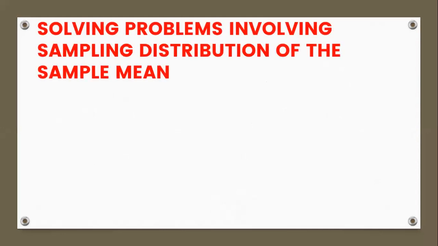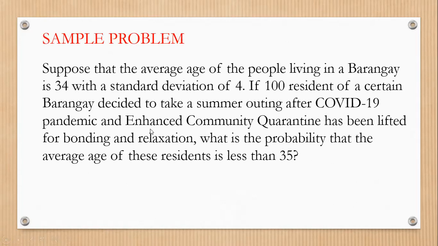Okay? So what's the first thing that we have to do in order for us to solve this problem? First step, we need to write all the given. So for step 1, what are the given? Okay, so we have the mu, or the population mean, which is equal to 34, right?